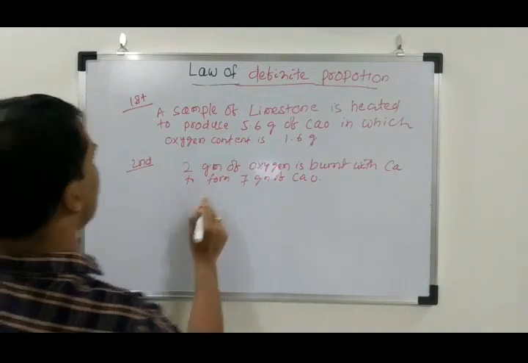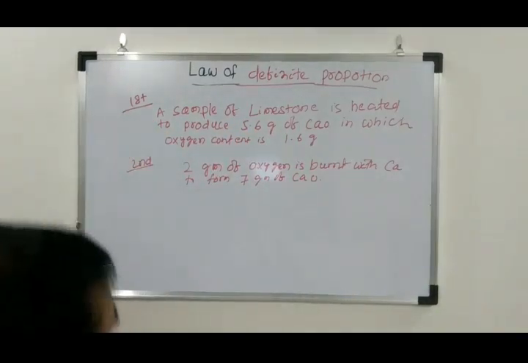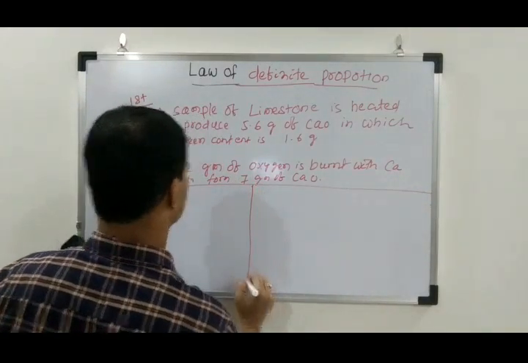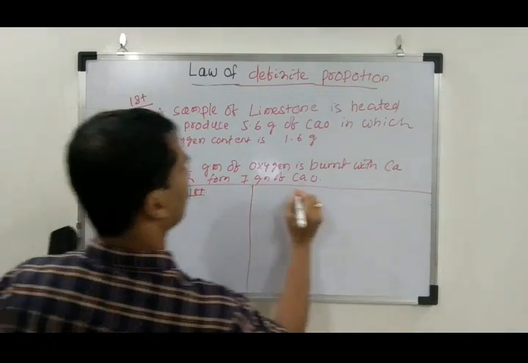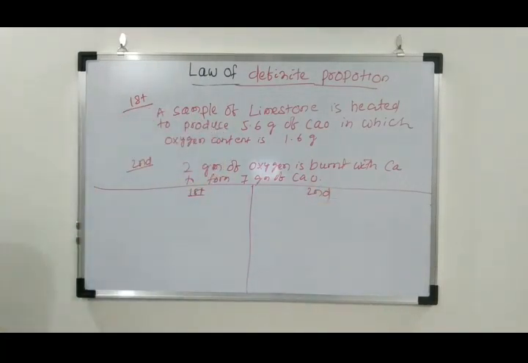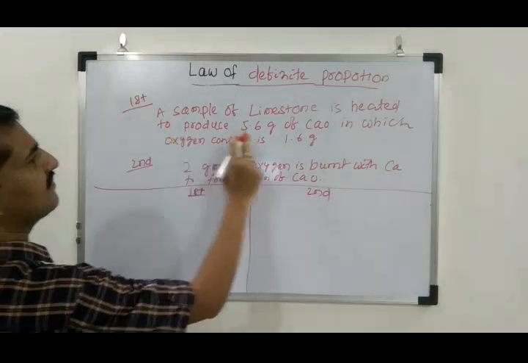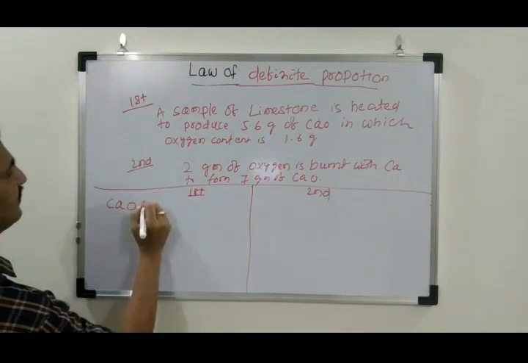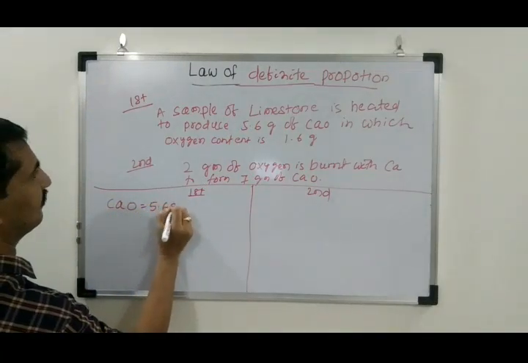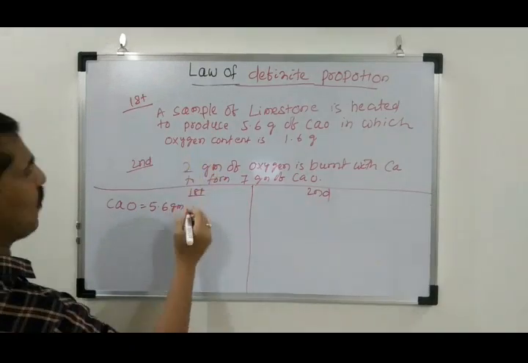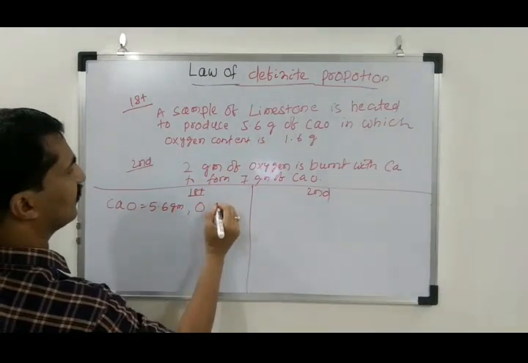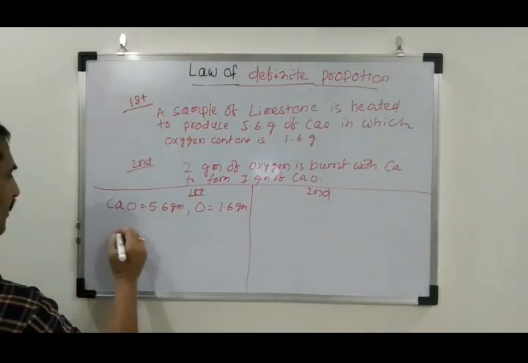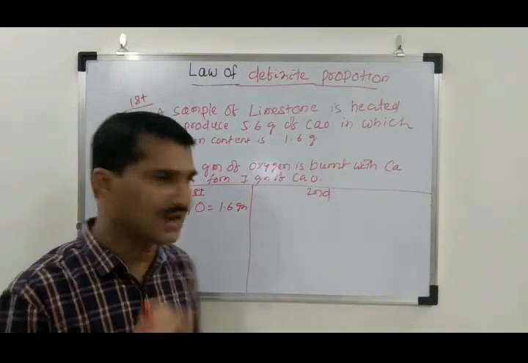So if I take the first case and the second case, in the first case, it is given the mass of calcium oxide is 5.6 gram, and the oxygen mass is 1.6 gram. So here, can we find the mass of calcium?